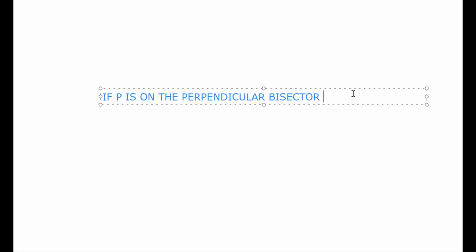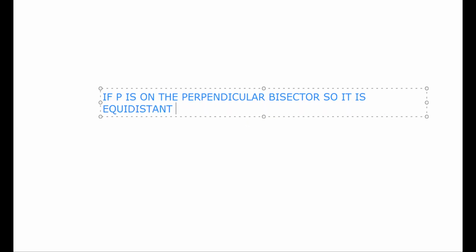So the perpendicular theorem was saying, if P is on the perpendicular bisector, so it is equidistant from the endpoints.